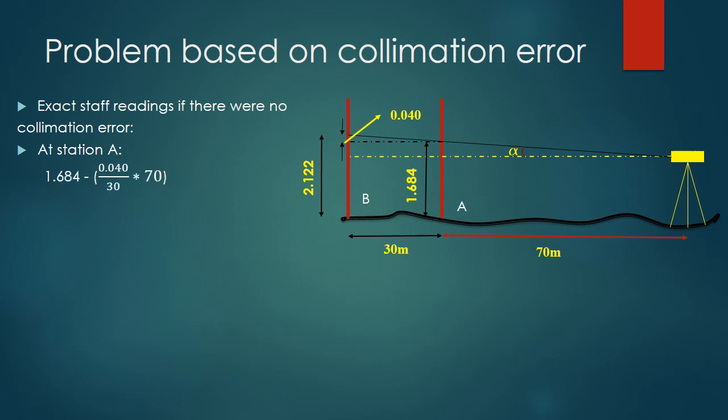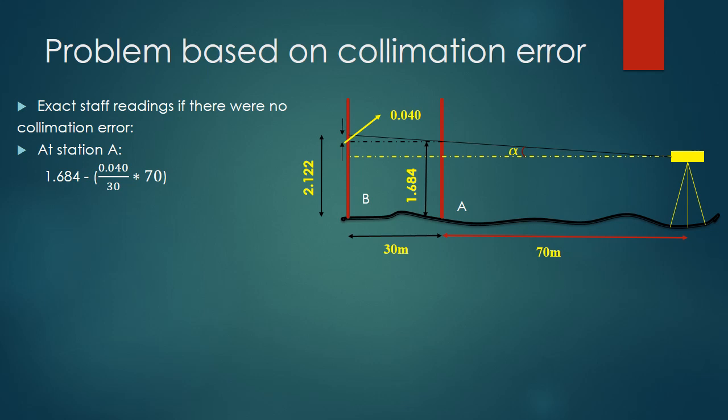The actual value for staff reading which was given in the question is 1.684. However, this reading is more than what it should be because there is some kind of error. So we are going to subtract that amount of error.